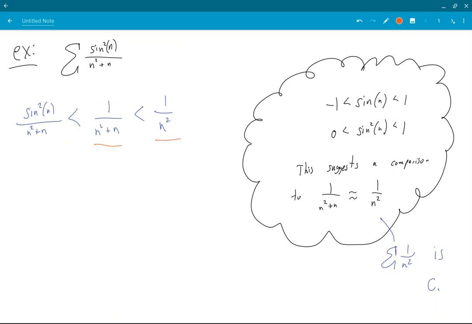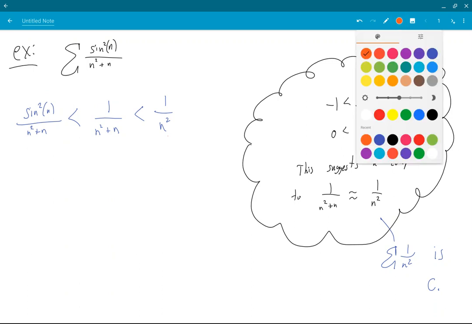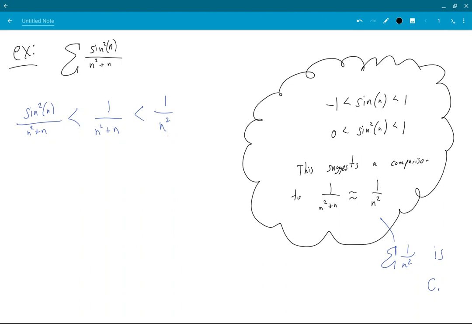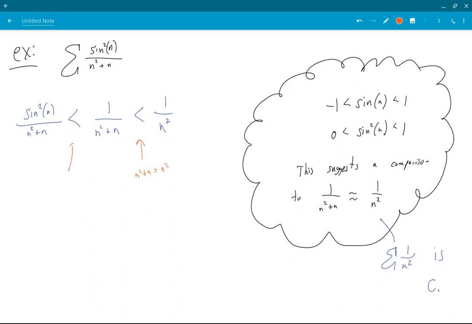And that proves the second inequality. So maybe you could write that if you wanted to write that down. You could say n squared plus n is bigger than n squared. Here you have sine squared n is less than 1.